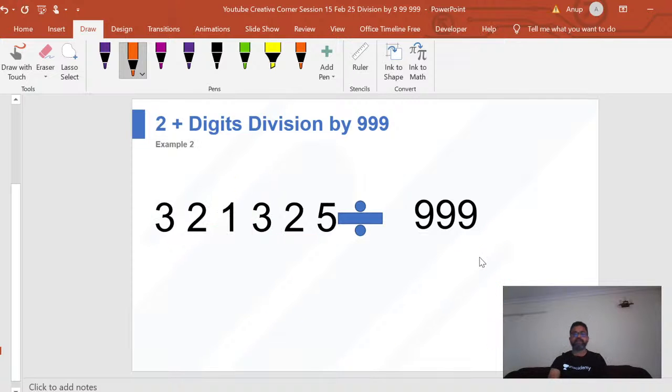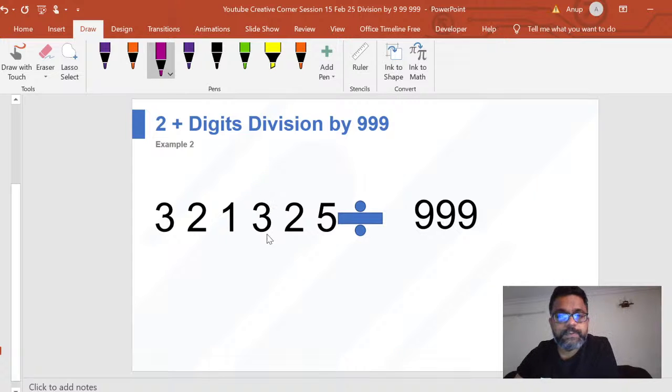Let's look at one more example now. (325 by 321), right?